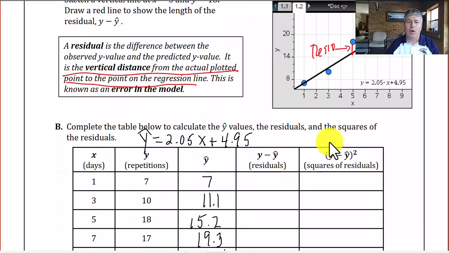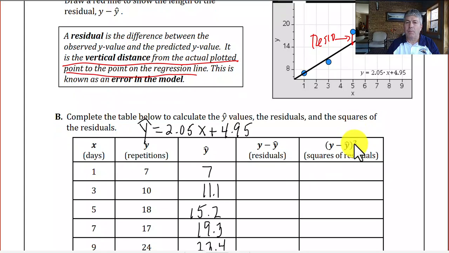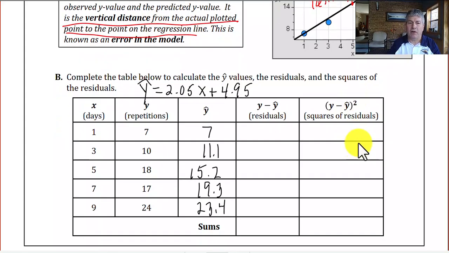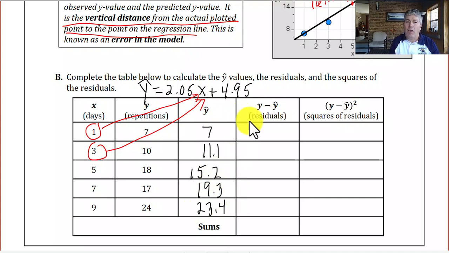And in the table below, we're asked to complete this information. So I took the liberty to fill in y hat already. All we did was take 1 and put it in for x and get our y hat, and we took 3 and put it in for x, and we got all of our y hats. So then our residual is y minus y hat.